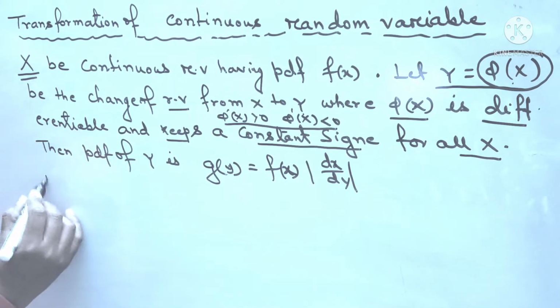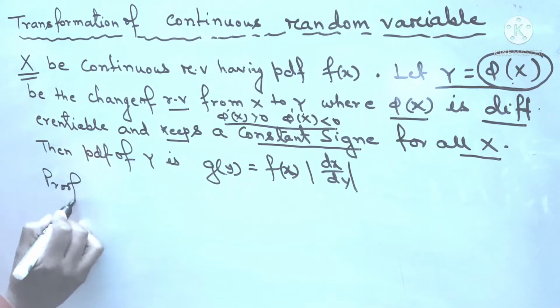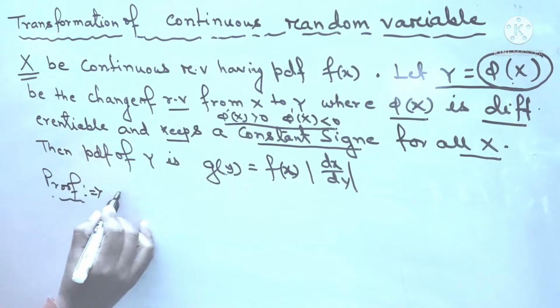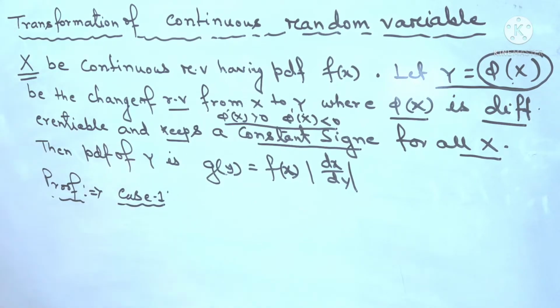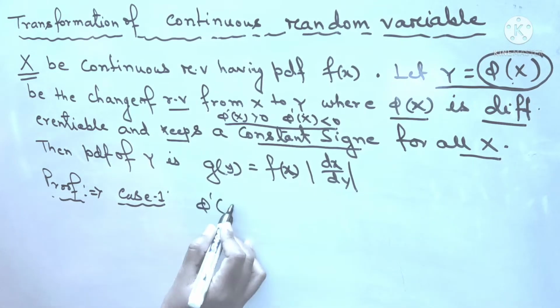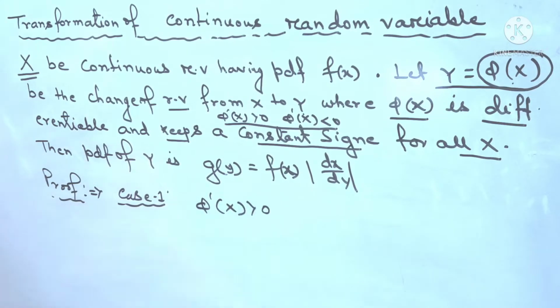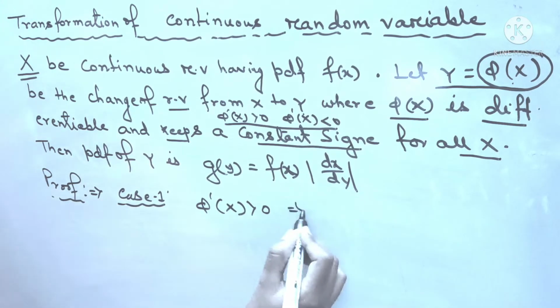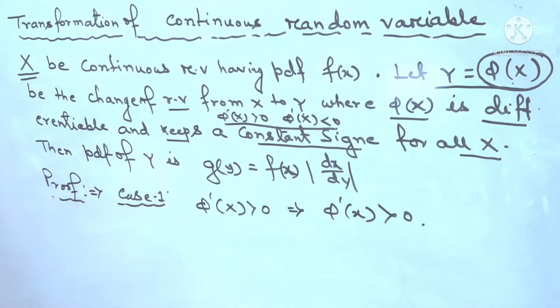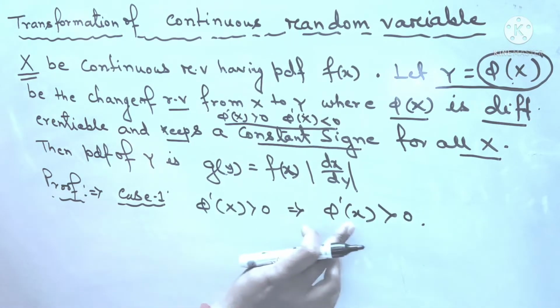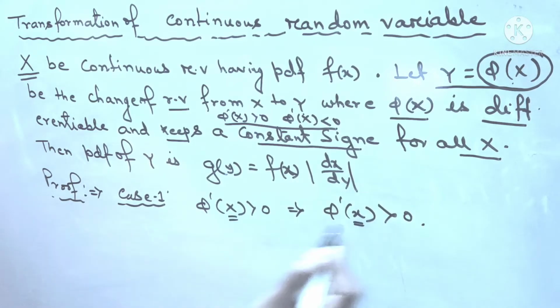We prove this result in two cases. Case 1. Here we let phi dash x greater than 0, and in real variable phi dash x is greater than 0, because in real variable capital X is small x.